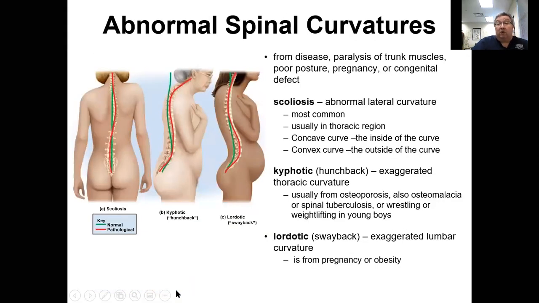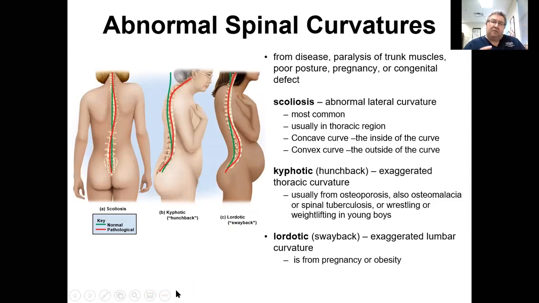Now, we also have the quote unquote abnormal curves. We have those curves that are not normal. You've probably heard of at least one, maybe 2 of these abnormal curves. A scoliosis. All right.